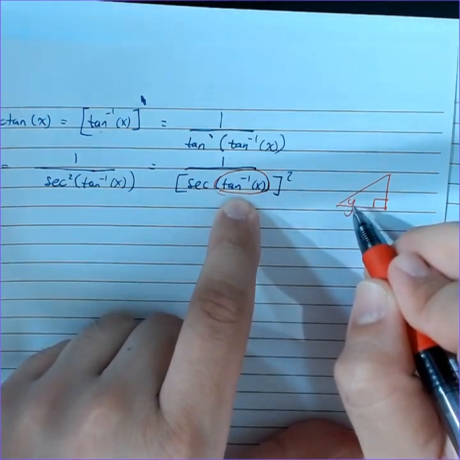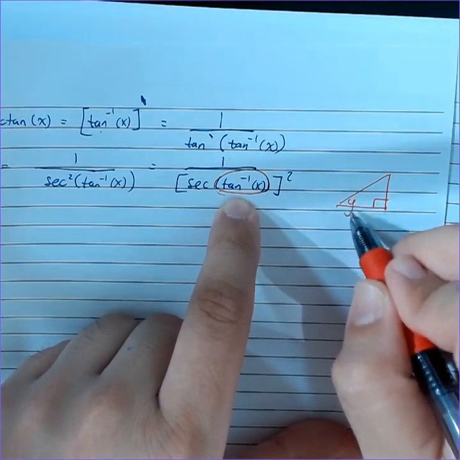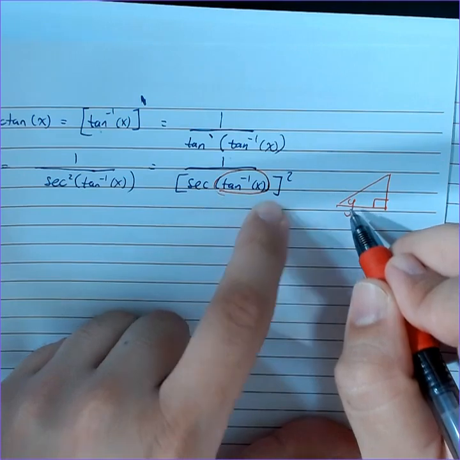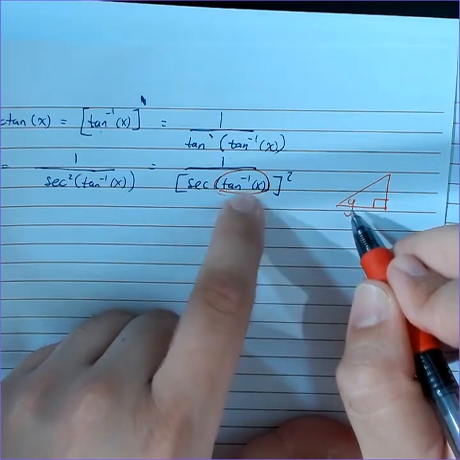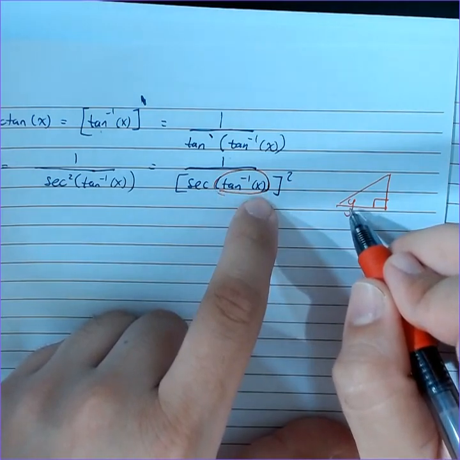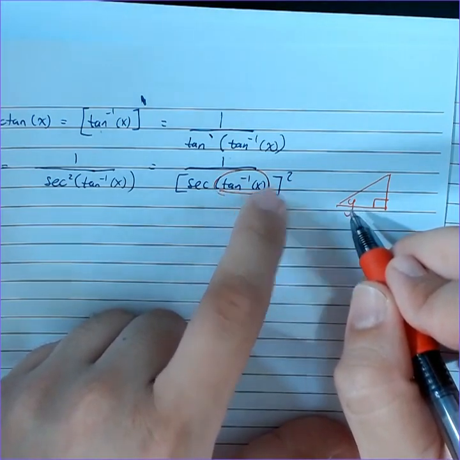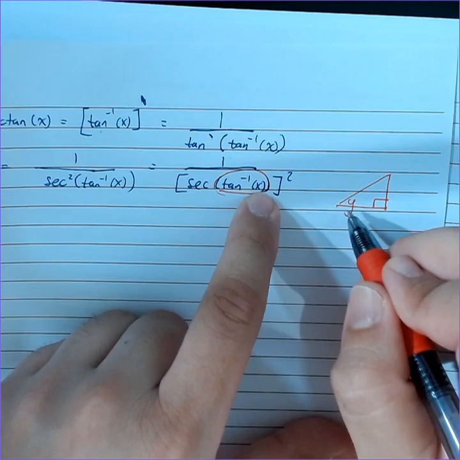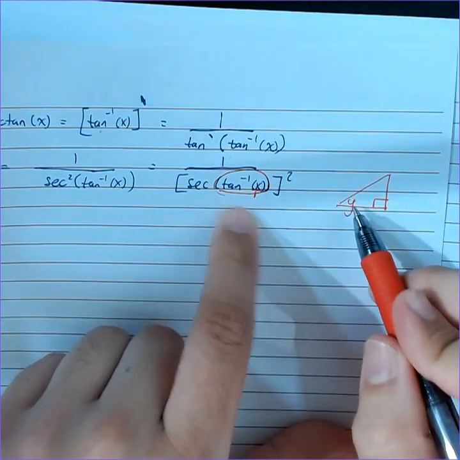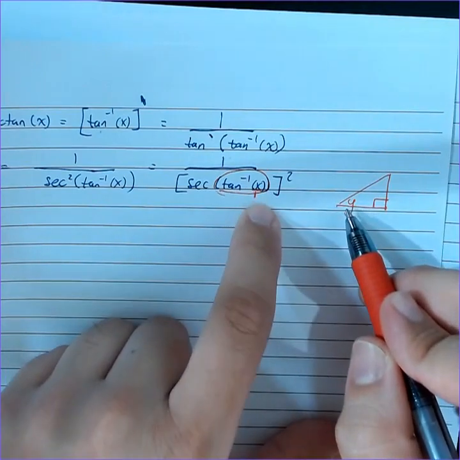Well, what angle? Well, the one I'm pointing at. Well, yeah, but what do I know about it? Oh, well, I know that if I take the tangent of that angle, I'm supposed to get x. That's the definition of the arctangent. The arctangent of x is an angle. Which angle? It's the angle whose tangent is x. Oh, okay. So here I can think of x as being x over 1. All right, so it's the angle whose tangent is x over 1.